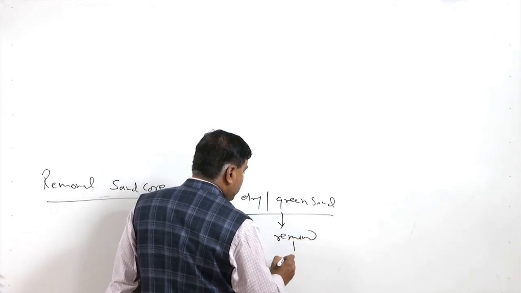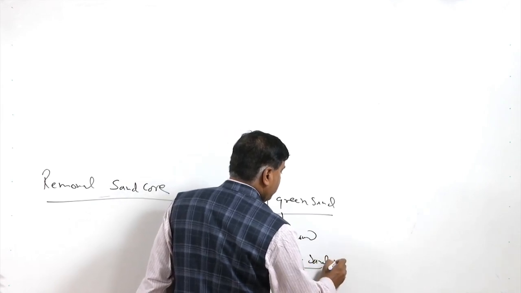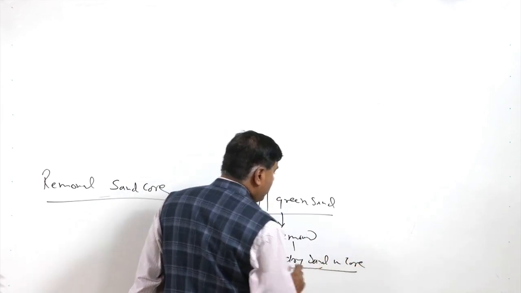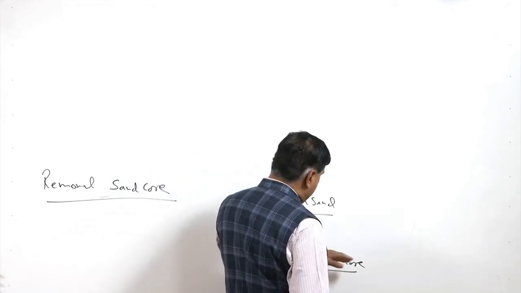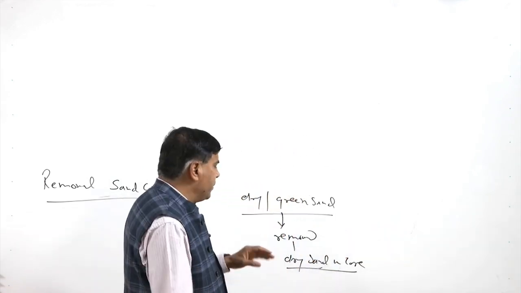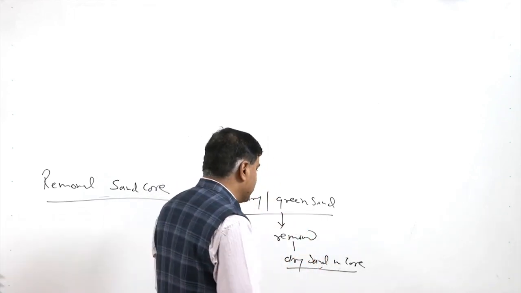So basically we have the dry sand in the core. Part of the clay in the core will be burned when it comes in contact with the molten metal at a high temperature.